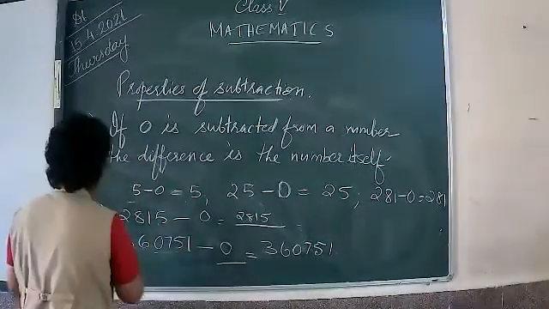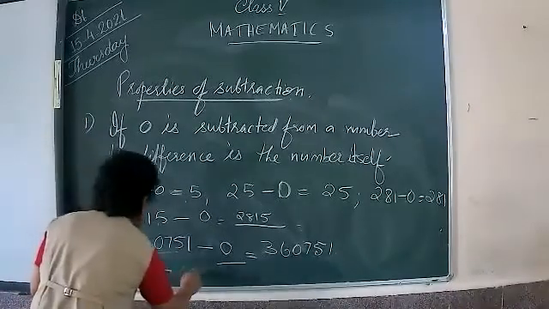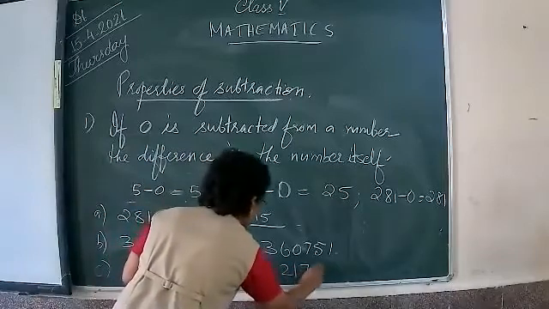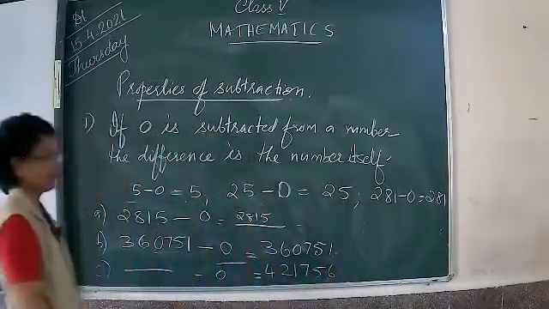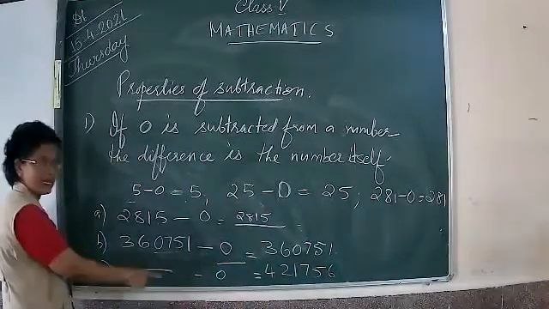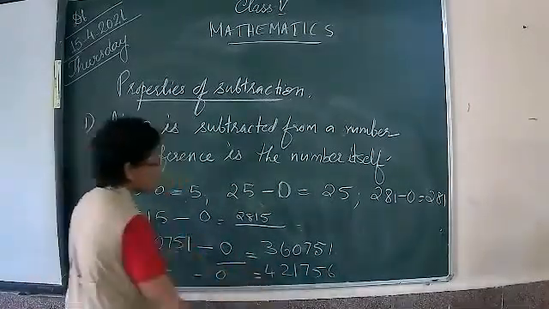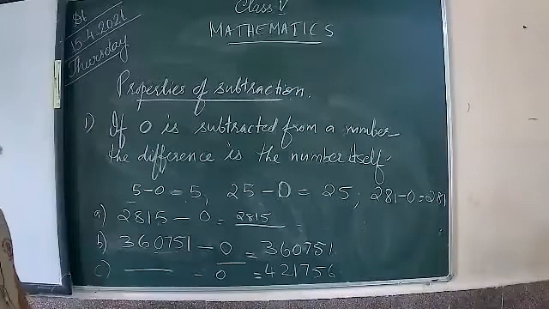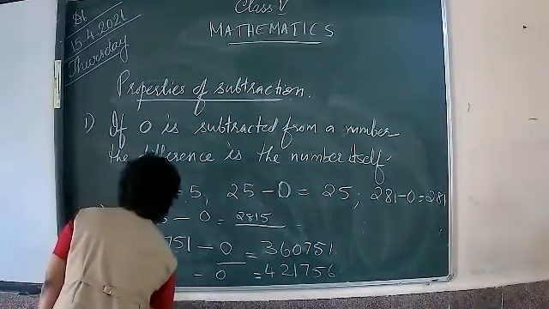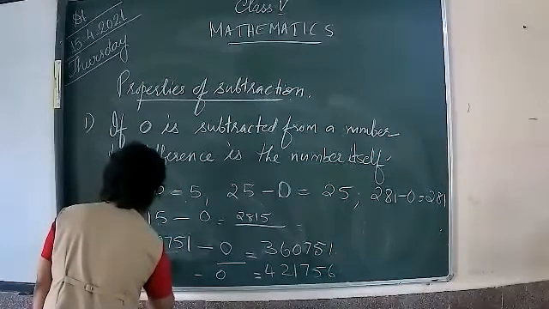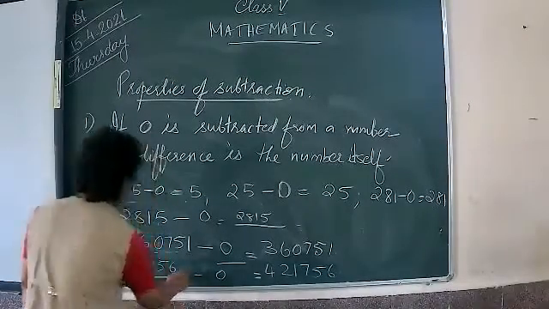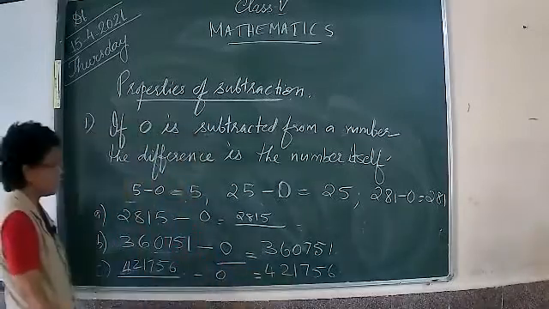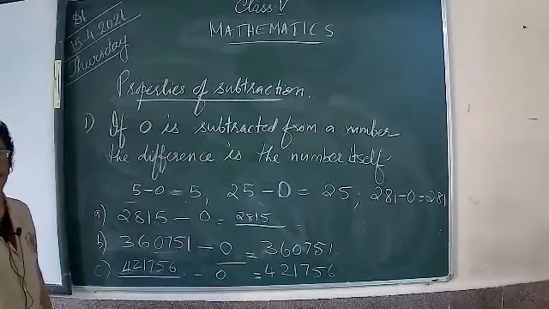Okay, children. One more type of question can come there. Dash minus 0 is equal to 421756. From which number are we subtracting 0 and getting the answer 421756? Got the answer, children? The same number there, isn't it? If you have 421756, then only you get 421756 as the difference.